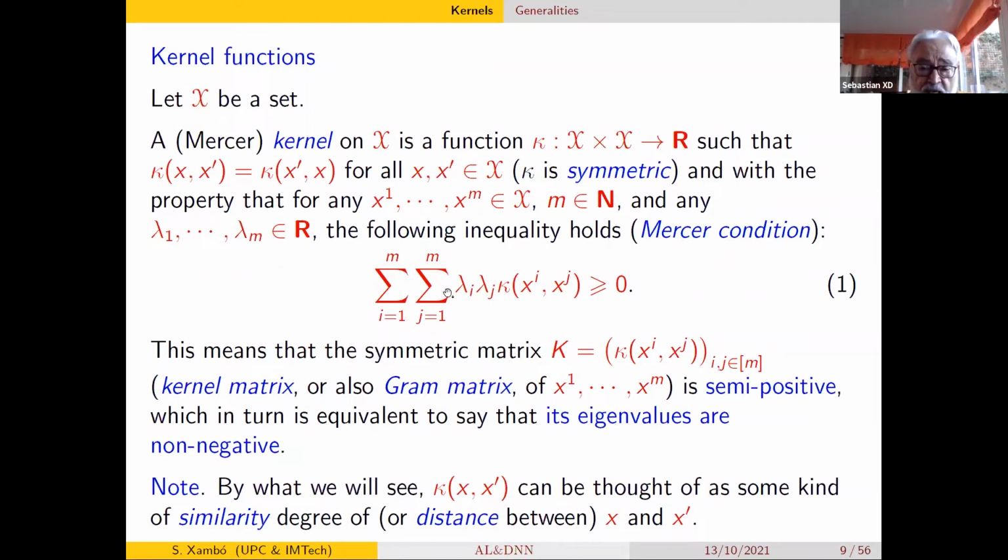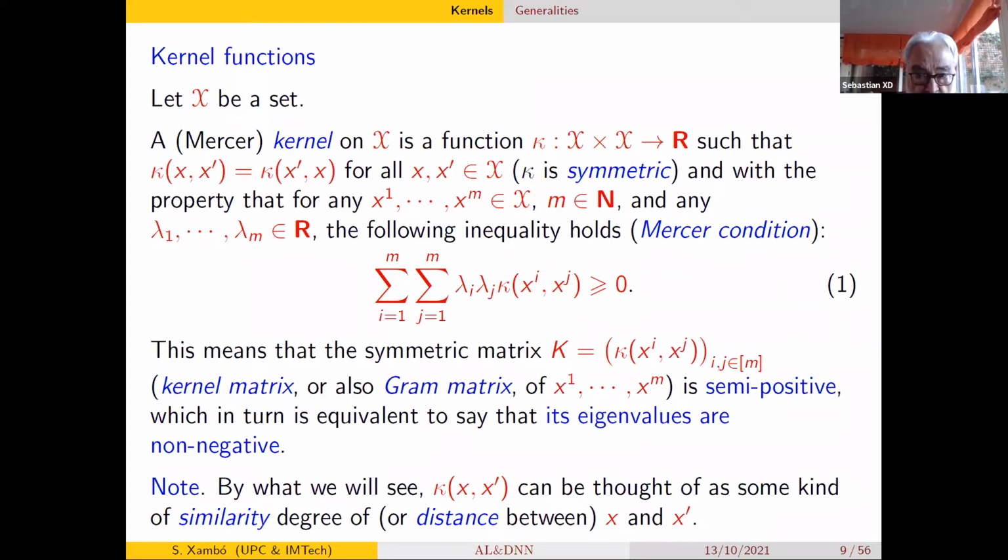This is that the sum with respect to i and j of lambda_i lambda_j kappa of x_i, x_j is greater or equal than 0. Here the point is that it should hold for any values of the lambdas and for any M. So you can choose any number of them.